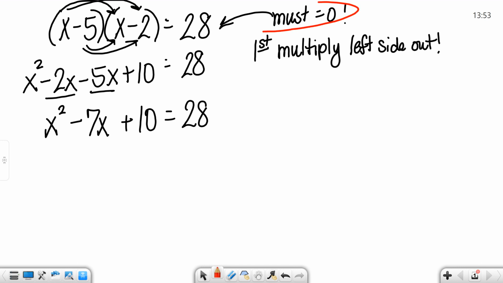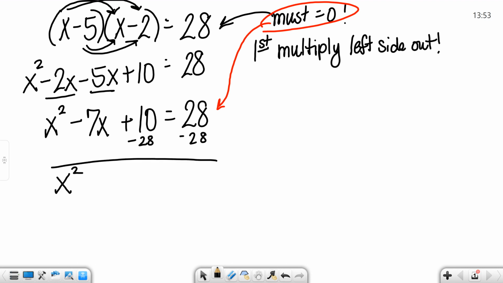Now I'm going to revisit this idea of, okay, it must equal 0. Because now I can subtract 28. And I get x squared minus 7x minus 18 is 0. All right, so yay, I got it to equal 0.